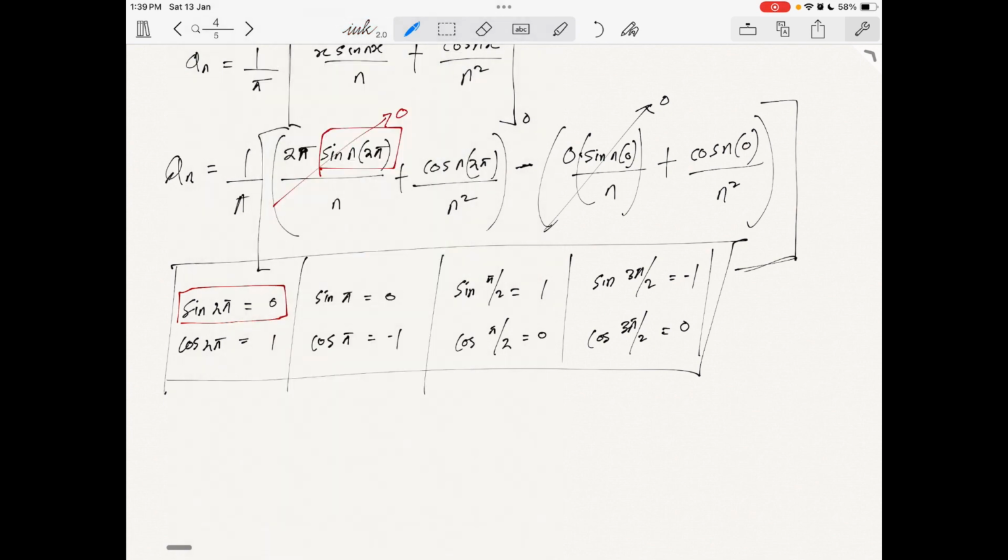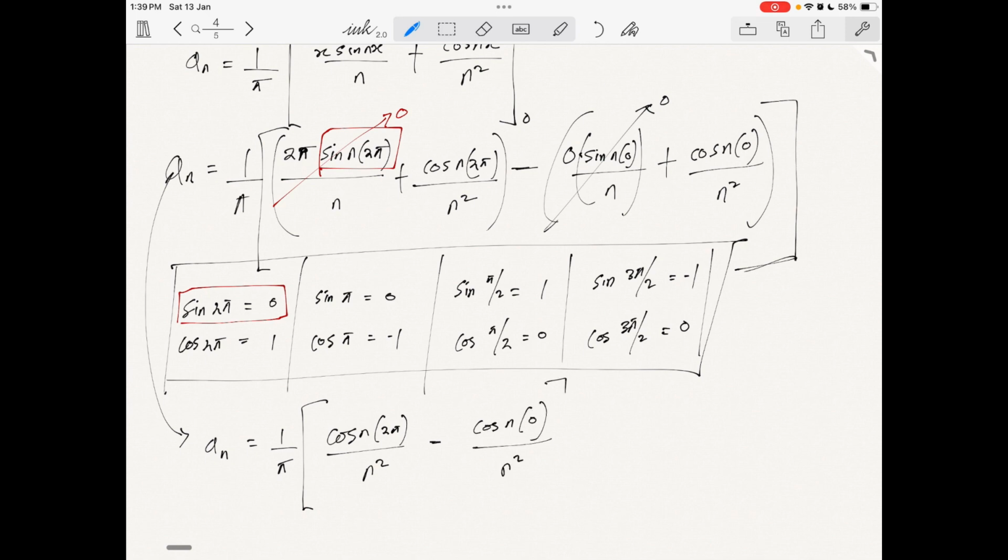So we are left with an is equals to 1 over pi cos n 2 pi over n squared minus cos n 0 over n squared.